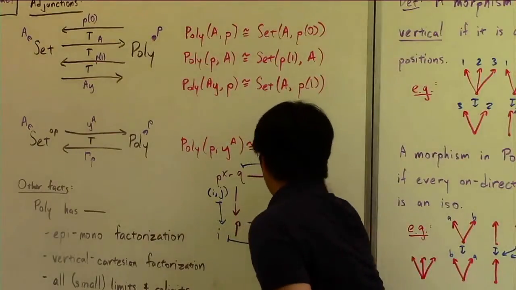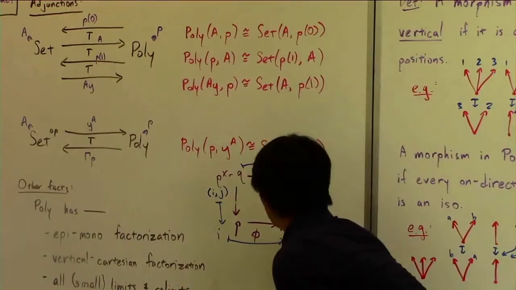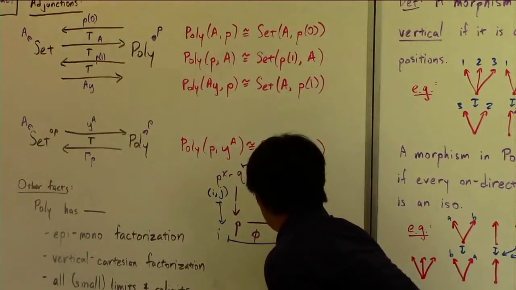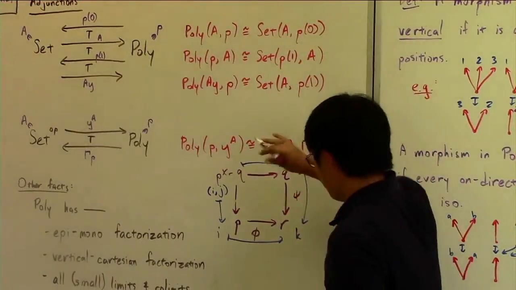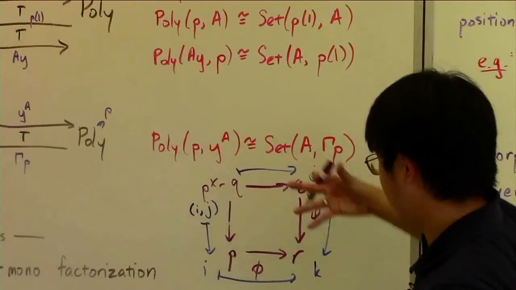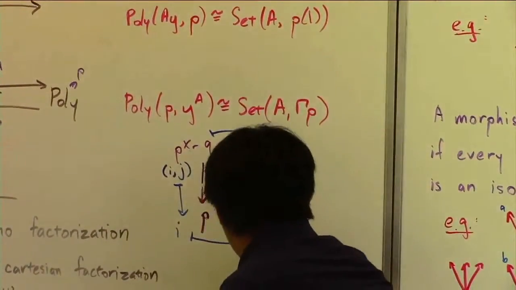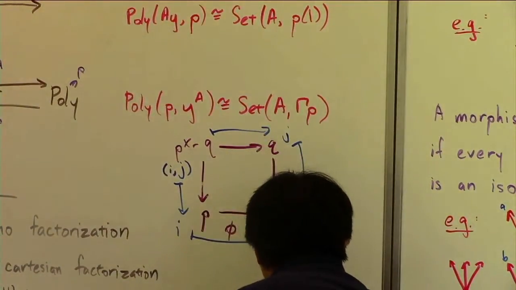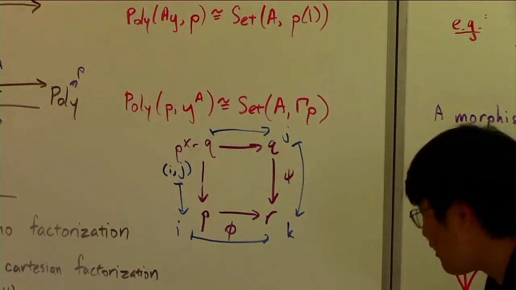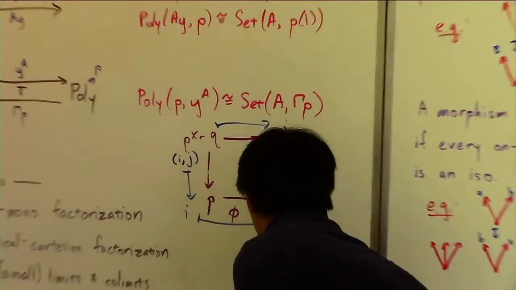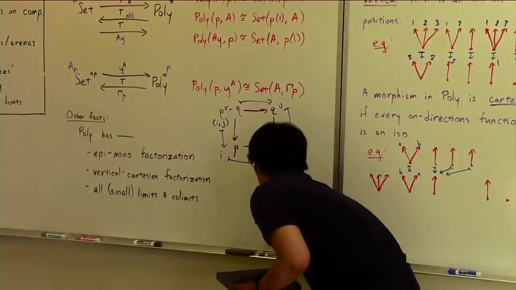These need to map through phi sub 1 and psi sub 1 to the same position k of r. If you think about what's happening on directions here, you get this square flipped around. So you start here at the directions of r at k, and you get a map according to phi.